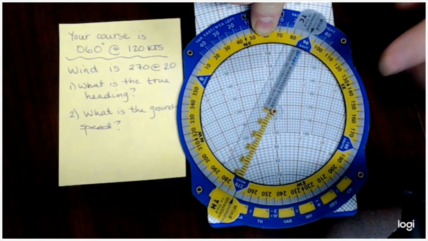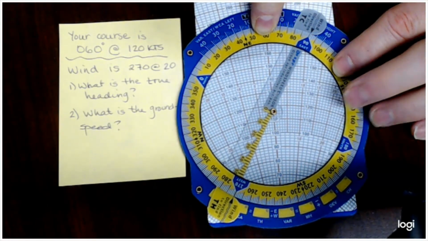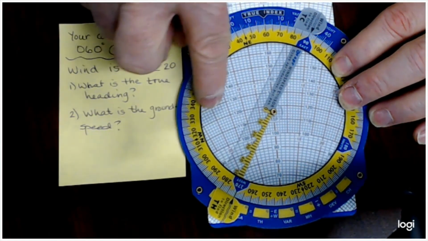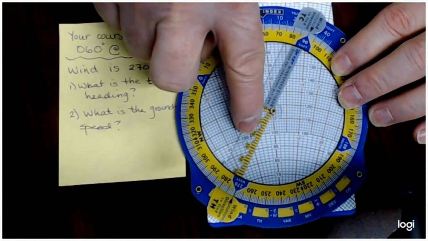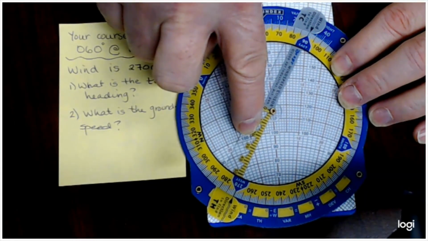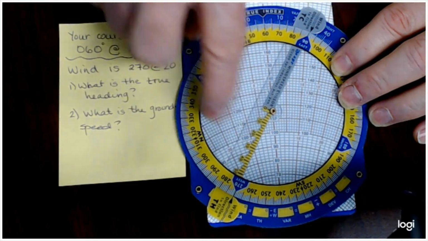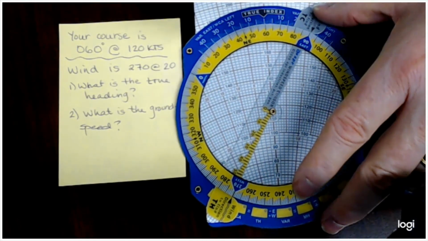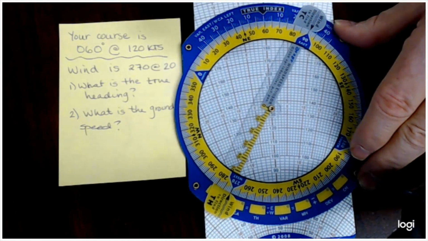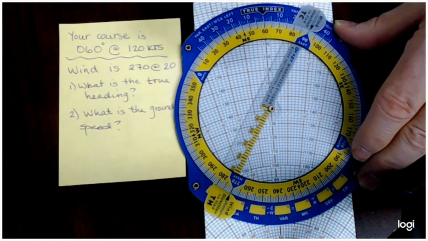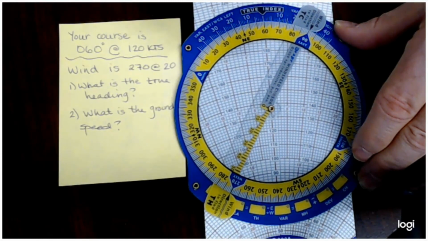Then what I'm going to do is I'm going to take that 120 knot line here and I'm going to put it on the 20 knot on the wind bar, right where it is. So I'm going to go ahead and slide it, and there's the 120 knot. There you go, right where they cross.